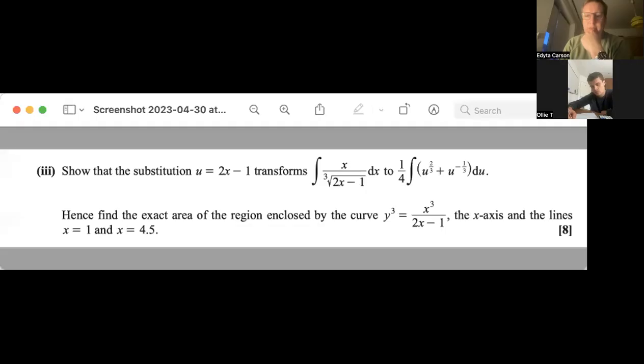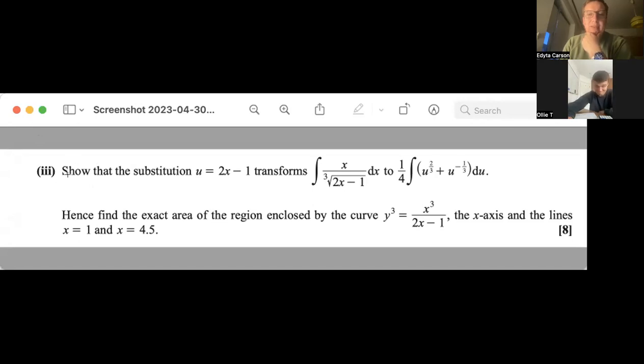These are from past exam papers, by the way, so these are kind of the authentic questions.